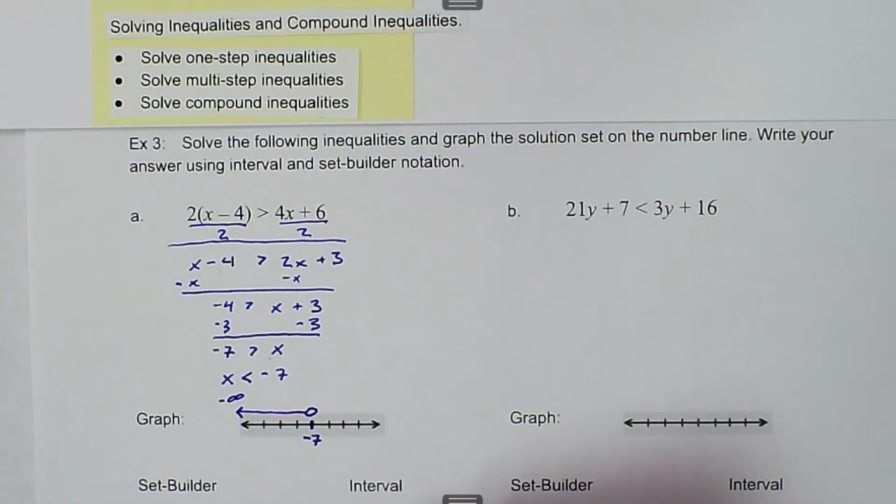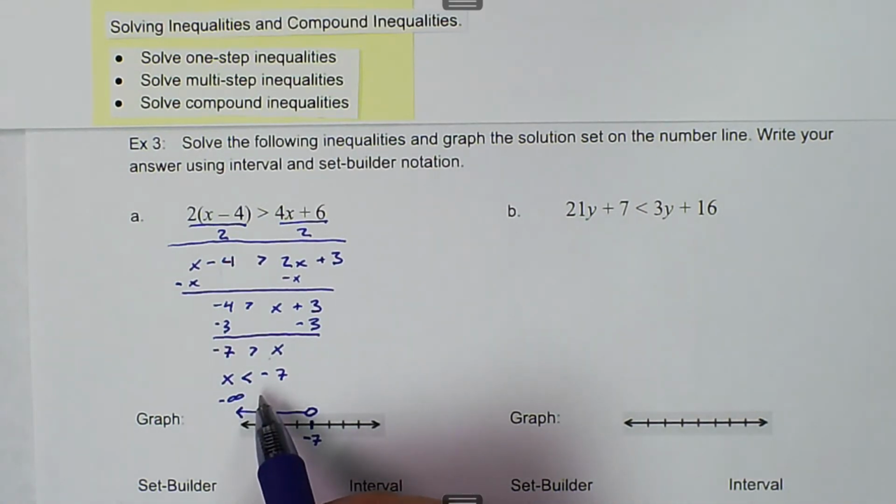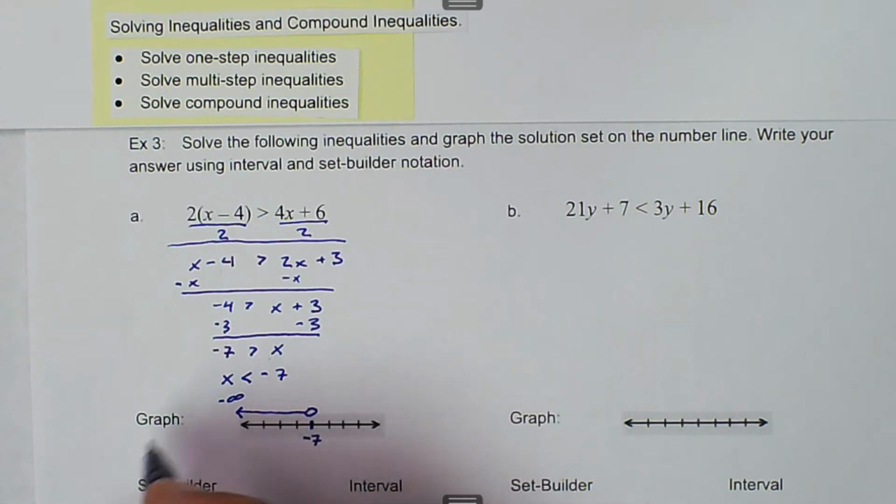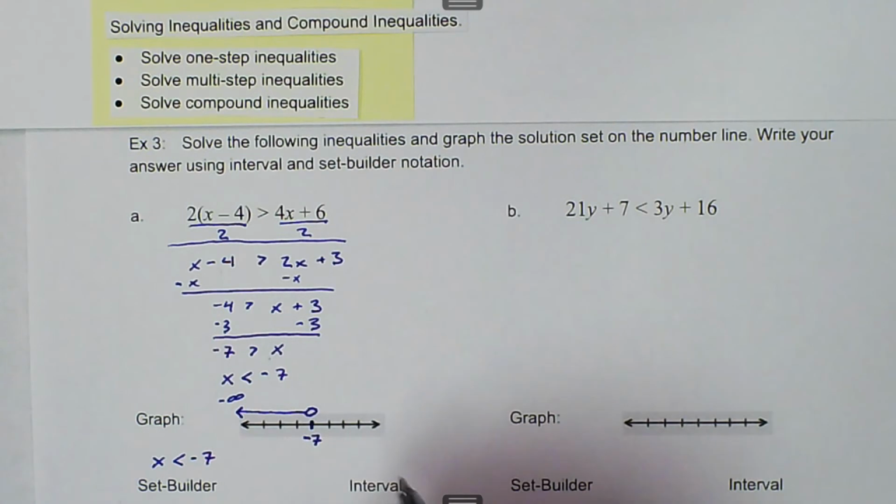And that's going to help us do the interval notation. So set builder notation, that one's all set. We did that one already. Excuse me, x is less than negative 7. And in interval notation, we always start from the smallest value and work to the highest value.